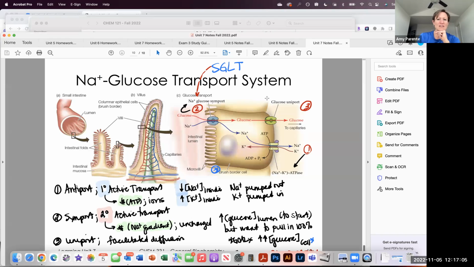And then the whole purpose of this is to pack the inside of our intestinal cells with the sugar that we're pulling in from our intestinal lumen, and then allow it to flow out down its concentration gradient into our bloodstream. So spent a good bit of time talking about this, not only in this situation, but we talked about why Diet Gatorade is sort of a fallacy if you want an electrolyte replacement, and also seeing its connection with the treatment aspect of cholera disease.